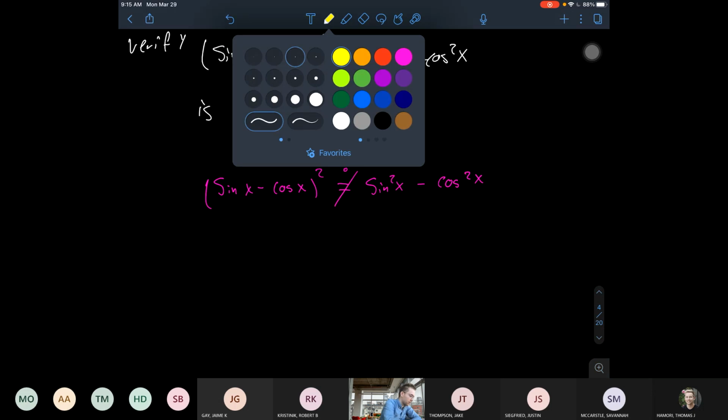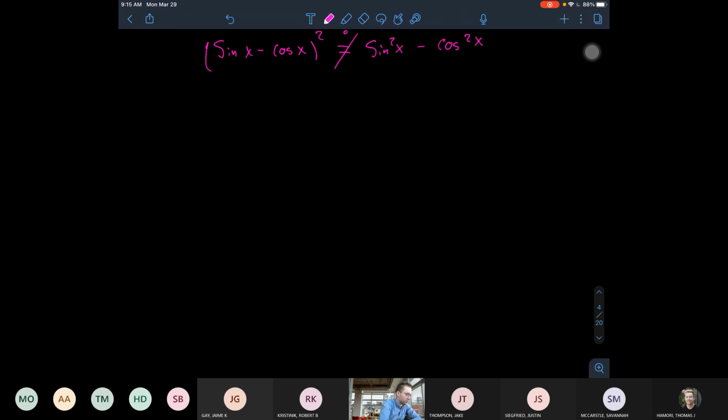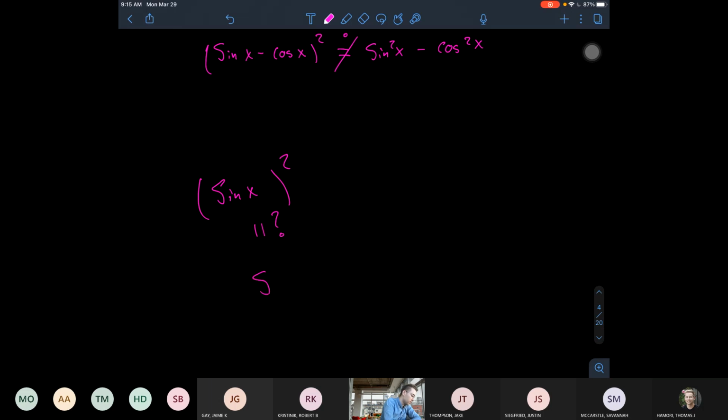Let me really quickly address another comment that came in, which was, well, if I do sine of x and I square it, is this equal to sine squared of x squared? And the answer is not quite. The reason is if I have f of x and I square it, I get f squared of x.